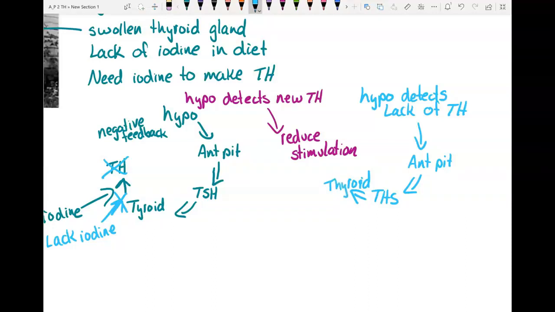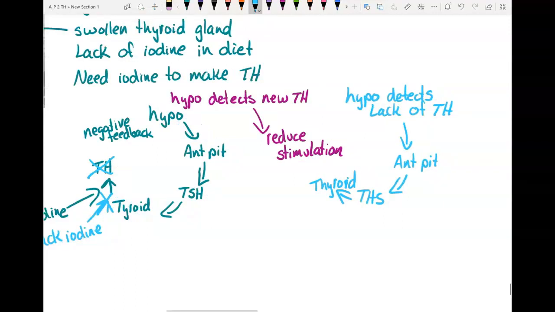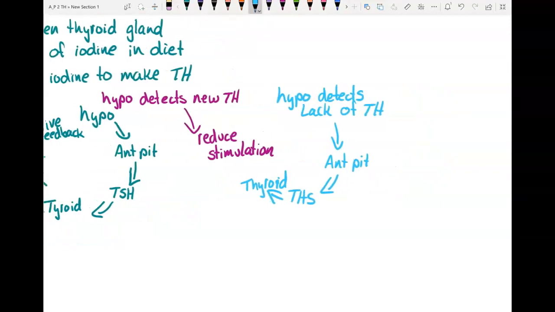So the lack of thyroid hormone then intensifies this. You get into a positive feedback cycle. Where then the hypothalamus again stimulates the anterior pituitary to secrete more TSH, which stimulates your thyroid. But if there's no iodine, still no thyroid hormone. So now your hypothalamus is like, what's going on? I told you to make some thyroid hormone.